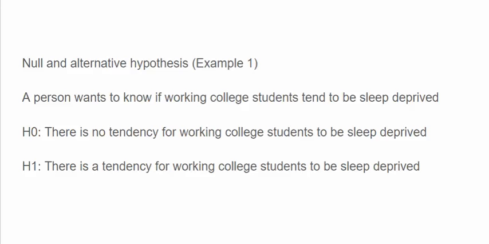H0 is saying that working college students are equal to non-working college students, at least on average. H1, the alternative, is saying that there is a tendency for working college students to be sleep deprived. So notice how H0 is basically saying that nothing is happening, that there's nothing interesting going on, and H1 is saying that there is something going on, that there is a tendency for working students to be sleep deprived.